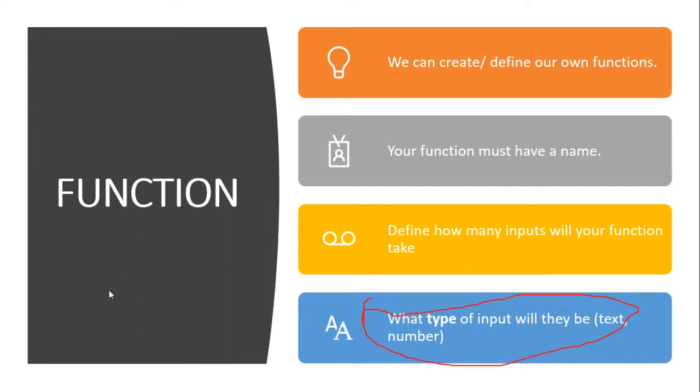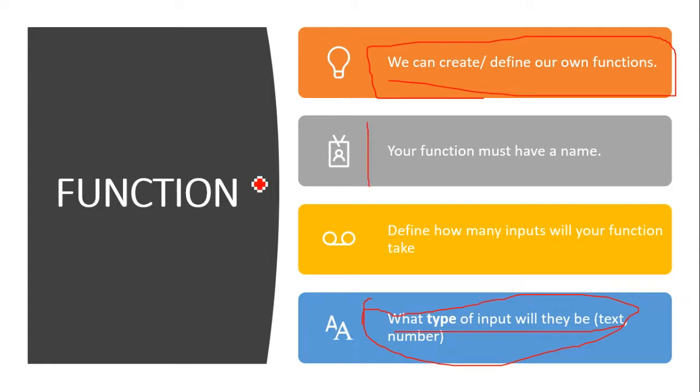So for the type of input, you need to dictate: is it going to be using text? Is it going to be using numbers? Is it going to be using Boolean? You need to specify what you want your function to do. So those are the 4 main elements we need to know about our function. First, we have to define what we want our function to do.